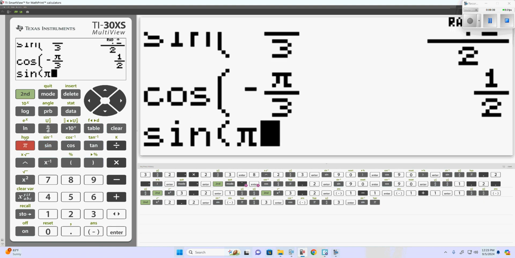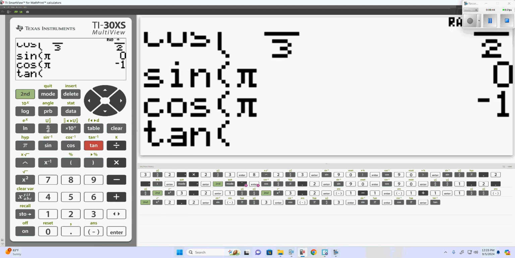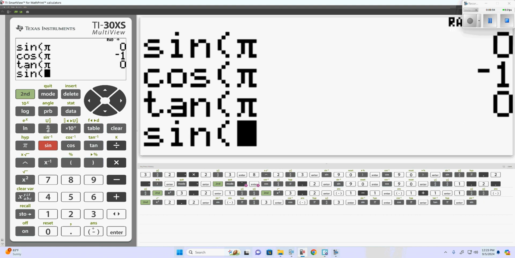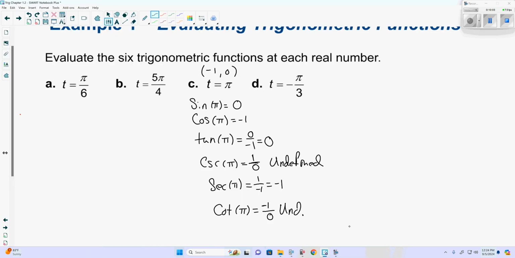Wait a minute, does that also mean I could have taken sine of pi? Cosine of pi? Tangent of pi? Yeah, calculator can do all these. So for our last one, sine of negative pi over 3 is negative square root 3 over 2.